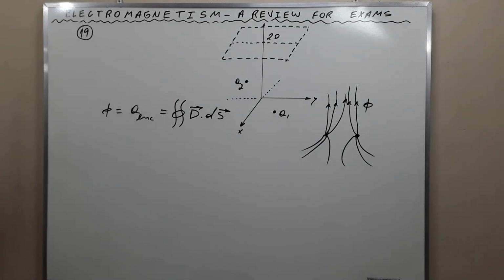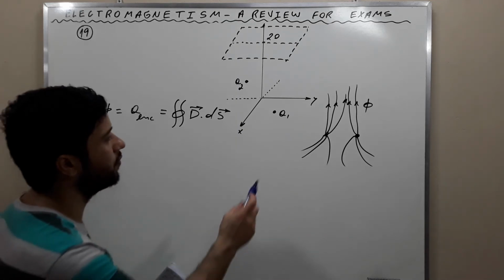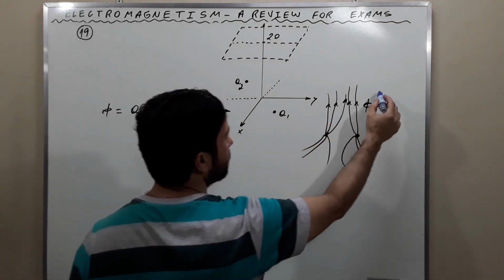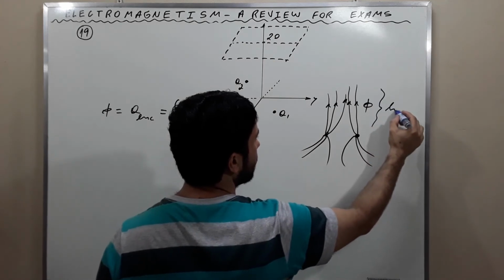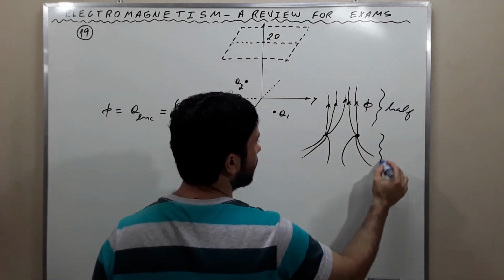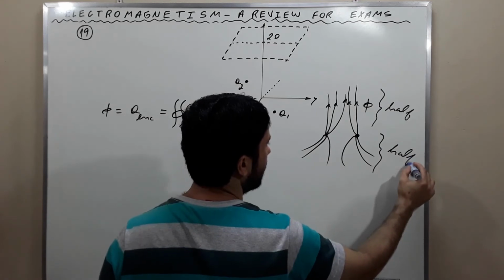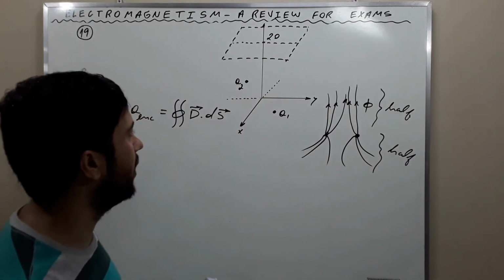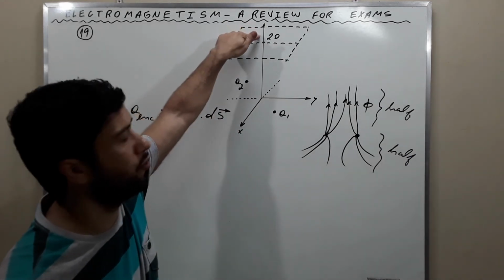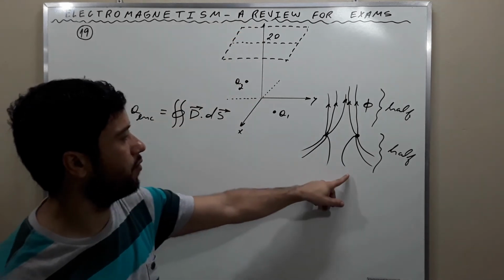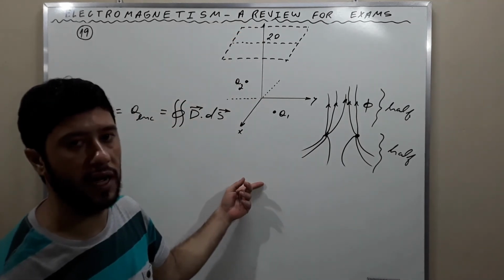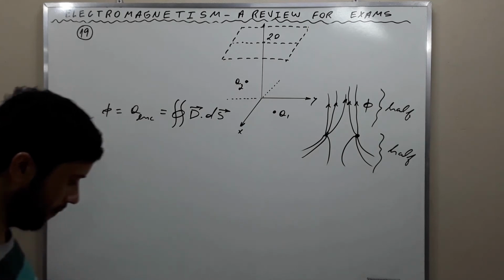Half of the flux passes through the z equal to 20 plane, and half of the flux passes through the negative z equal to 20 plane.